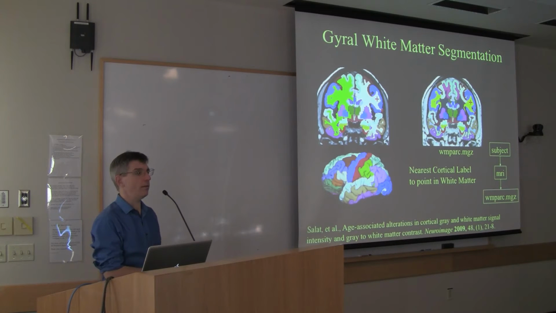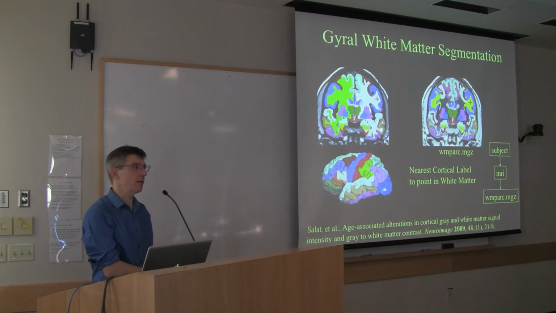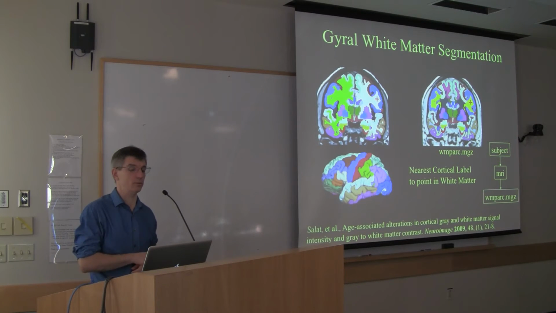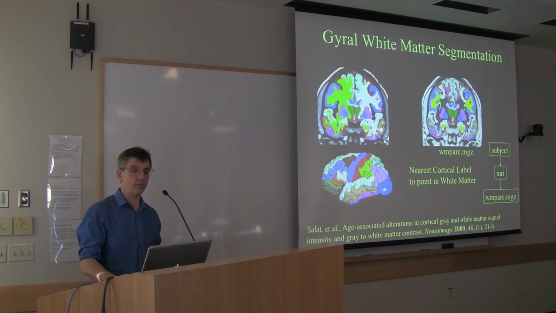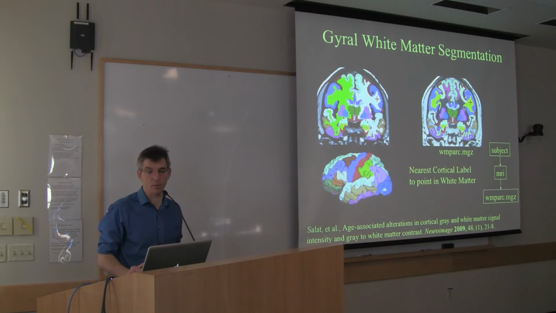And all of that is white matter that's within, I think, 5 or 7 millimeters of cortex. And that white matter just happens to be closest to the precentral gyrus of all the other cortical structures that it could be close to. So all of these colors that you see inside here are labels of white matter based upon the distance to the closest cortical label.